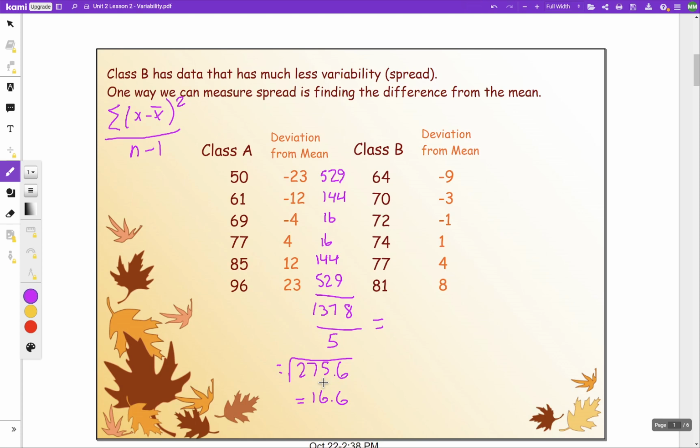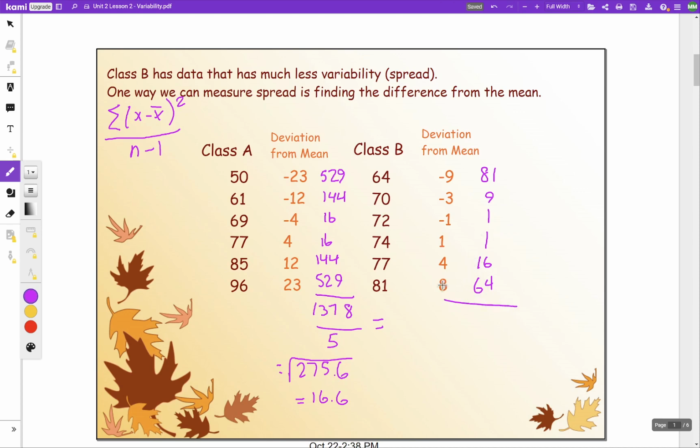Now, let's look at that from the perspective of Class B, right? So from Class B, we have the same numbers. So we are going to take these numbers, square them. 81, 9, 1, 1, 16, 64. So this time they're not perfectly symmetrical, but that's okay.